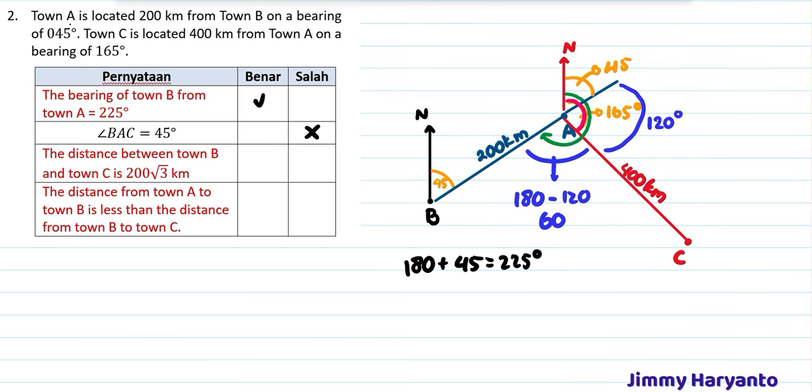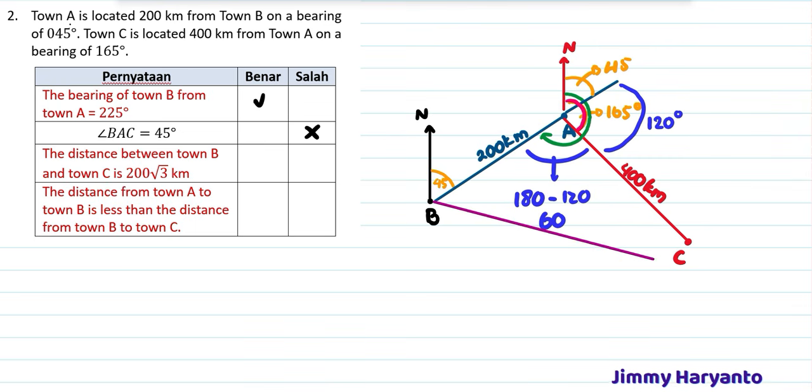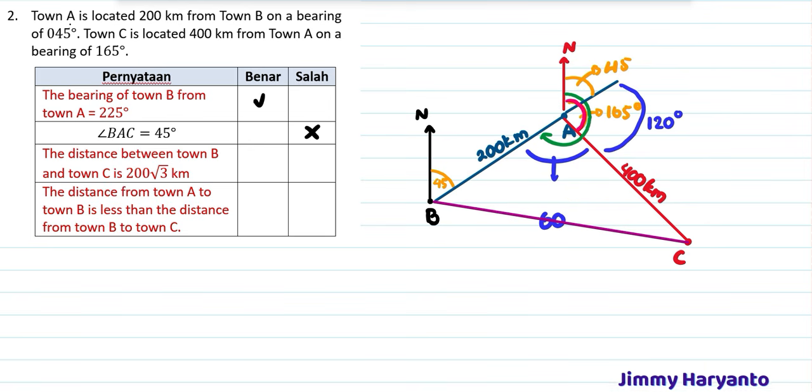Next, the distance between town B and town C. Okay, we already have this one, 60 degrees. Next is to find this line, the line BC. So we only have one angle right here. Let me make it clear. So this one is 60 degrees. We only have one angle right there. That means we use the cosine rule.